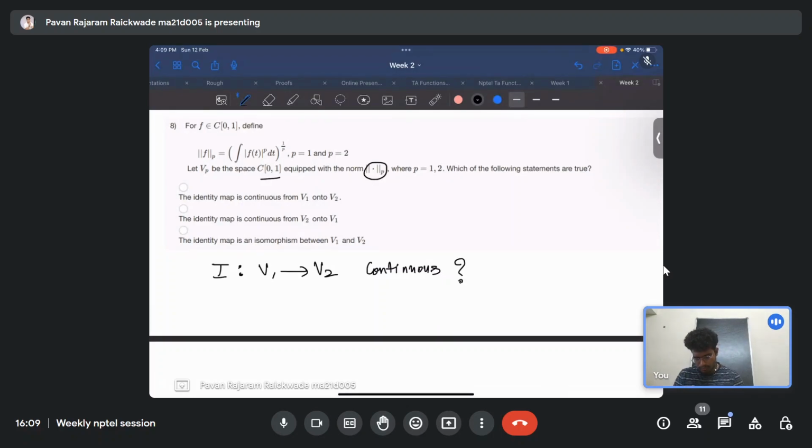If we can show that norm of f in 2 is less equal to norm of f in 1, for all f belongs to C[0,1], and x means now this is a function, I should write f here, but it's fine.